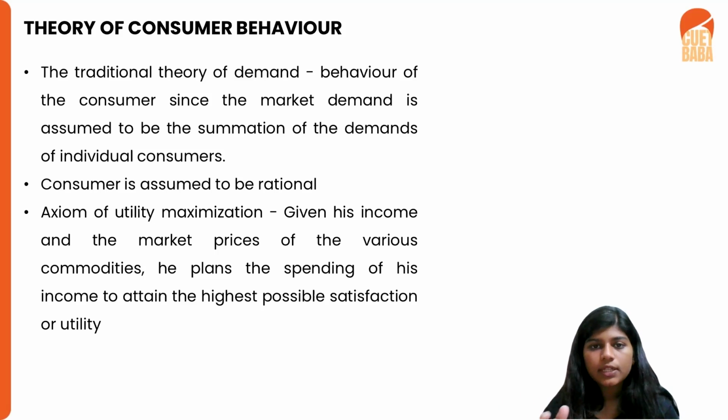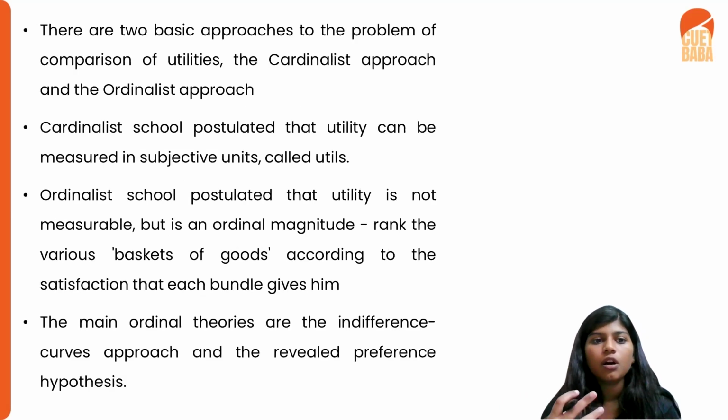The word utility means the satisfaction attained by each person. That could be further compared, and it can be divided into two parts, that is, two basic approaches, the cardinalist approach and the ordinalist approach. These are the two basic approaches used for utilities.